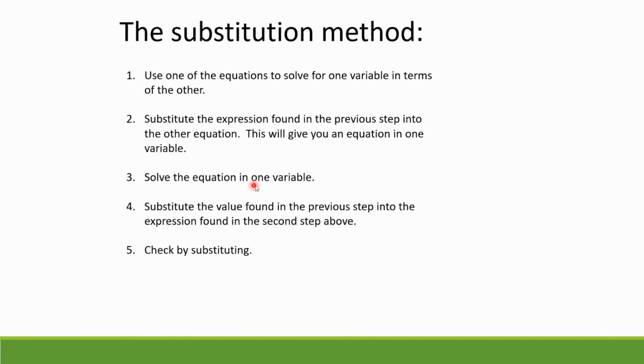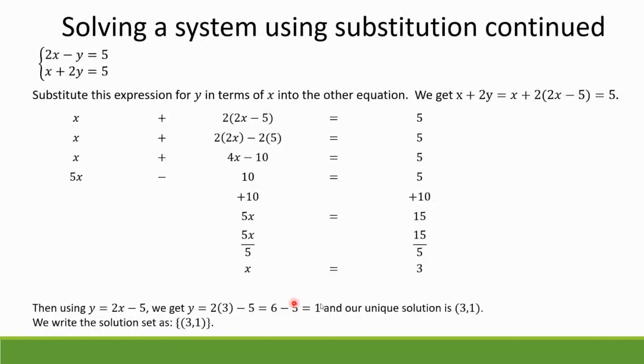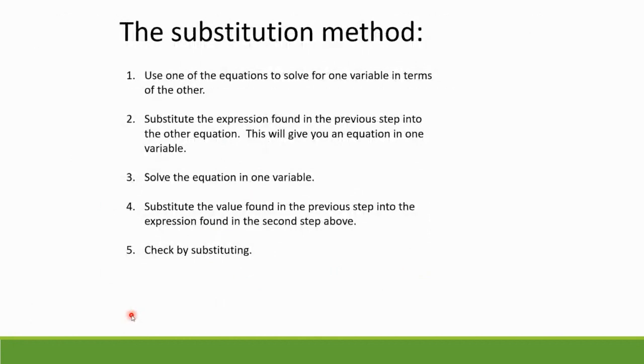So once we get that equation in one variable, like we did over here, we solved it. The expression we got for one variable in terms of the other, which was step 1, excuse me, not step 2, step 1. That should be the first step. We just check by substituting.